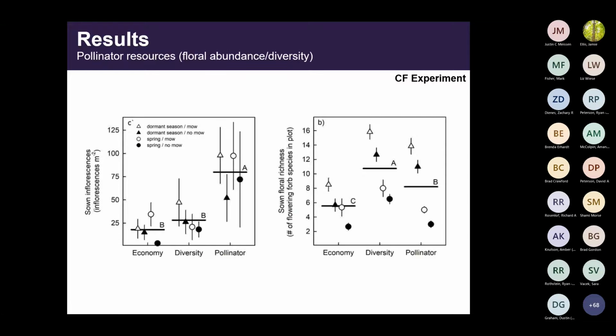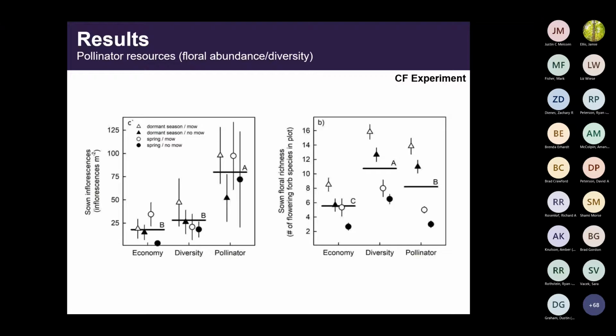So taking a look at pollinator resources, we can see that, again, seed mix, mowing, and planting time all affected floral abundance, which is the left graph, and floral richness, the right graph, in some way.